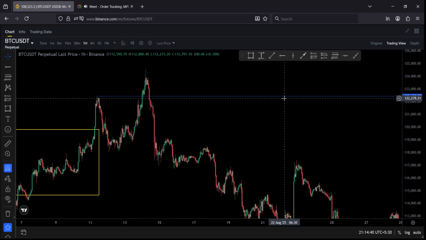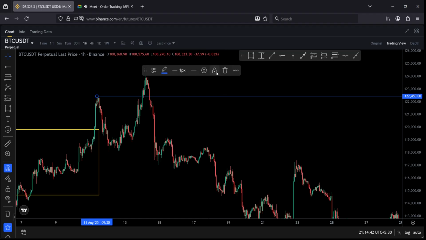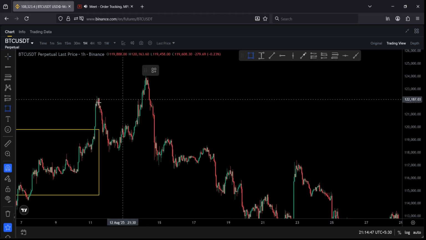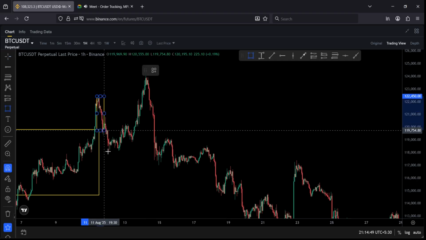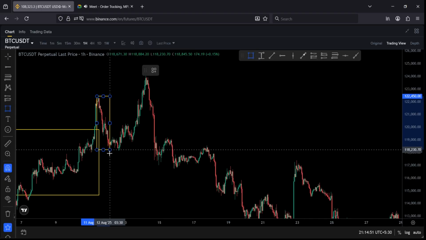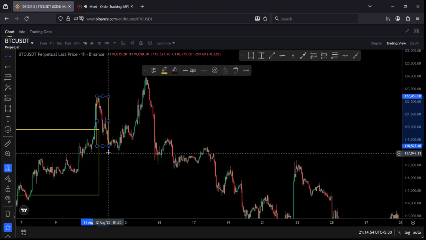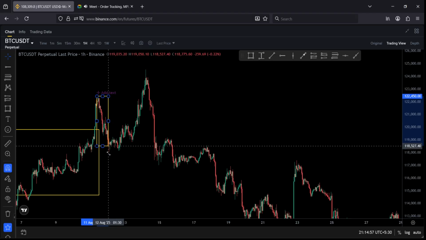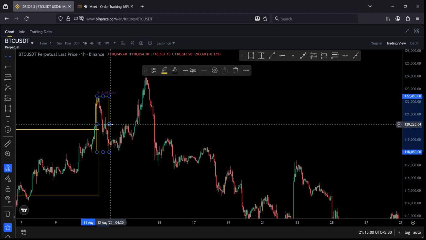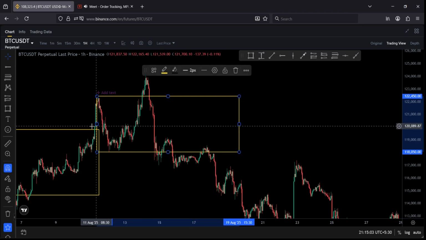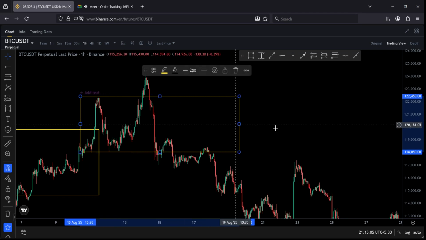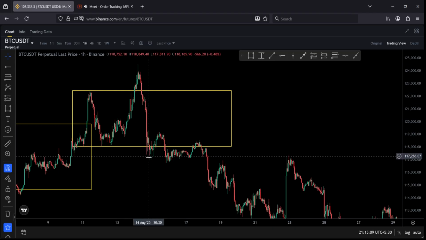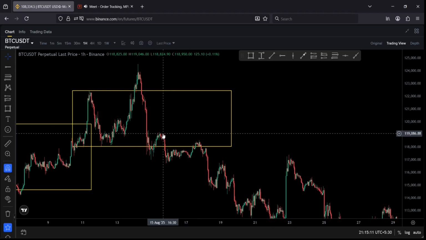So here we have another swap, like this, to the upside swap, and then again price came down, engulfed this rectangle, goes up again.